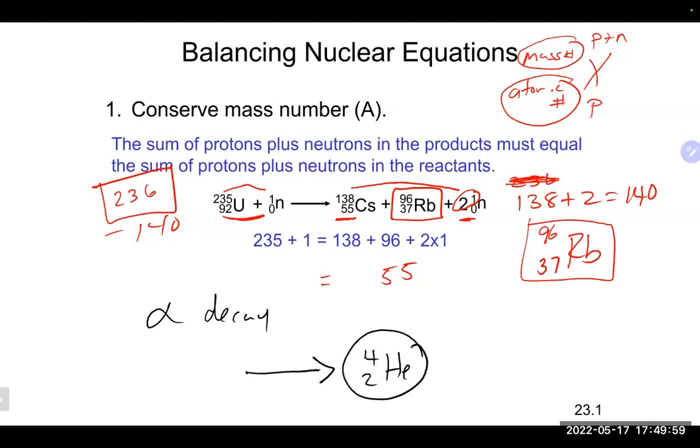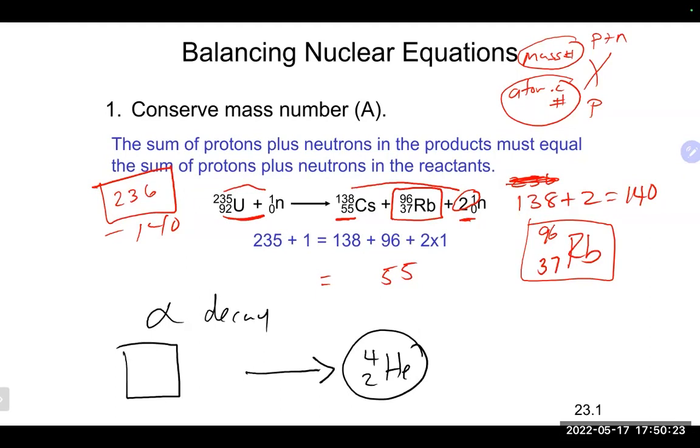So if anything goes through any type of decay, they will typically tell you what type of decay, like alpha decay, beta decay, positron emission. Those particles will end up on the right-hand side. Your original guy will end up on the left-hand side, and then you could proceed to figure out what the new isotope would be on the other side.